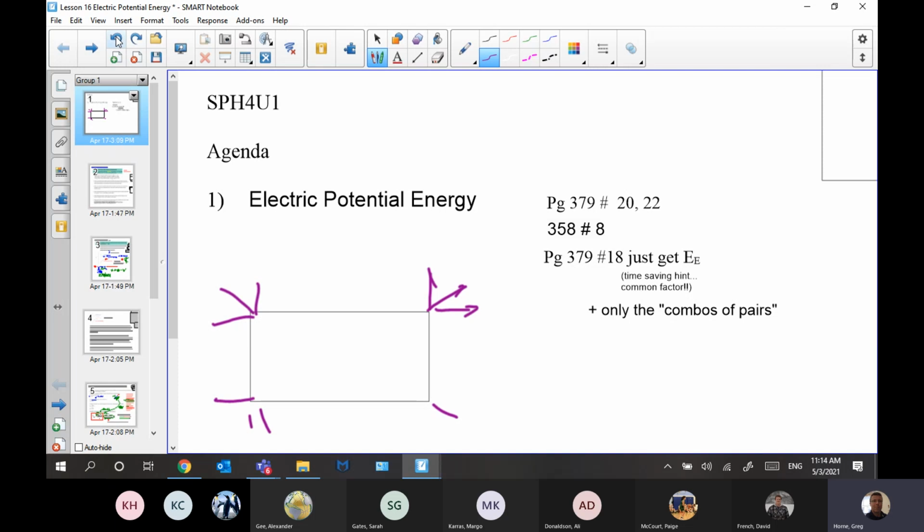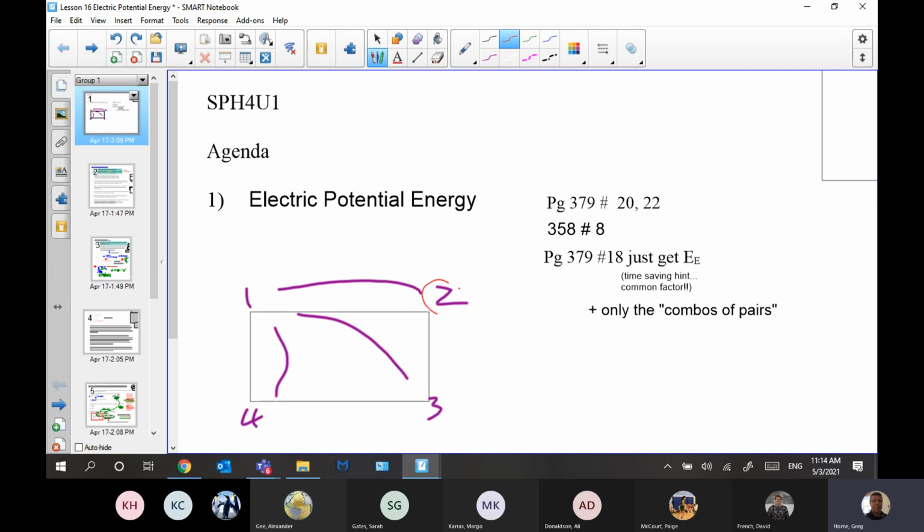Okay, in reality here we've got energy to do with how many pairs. So we'd call these 1, 2, 3, and 4, let's say. You'd have the energy combination between 1 and 2, 1 and 3, 1 and 4. So there's certainly 3 to start out with. But then when you go to the red, the 2 here, 1 and 2 is already taken care of.